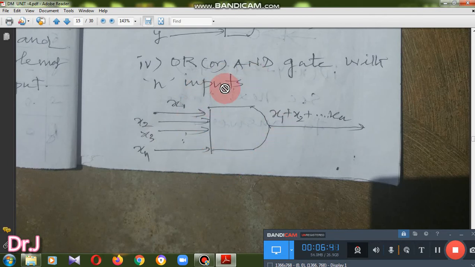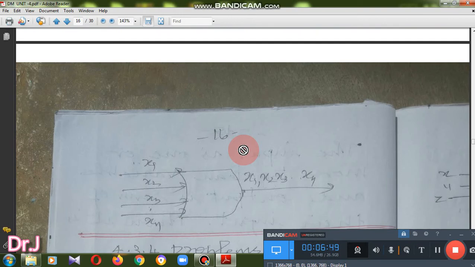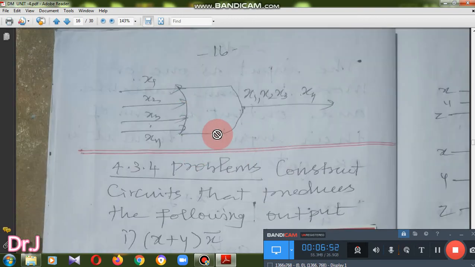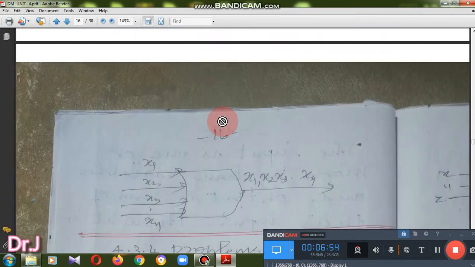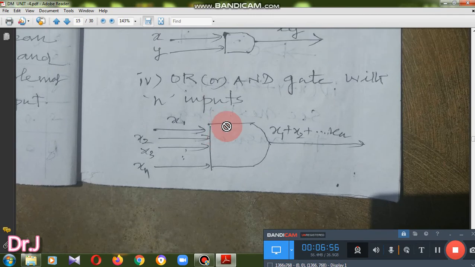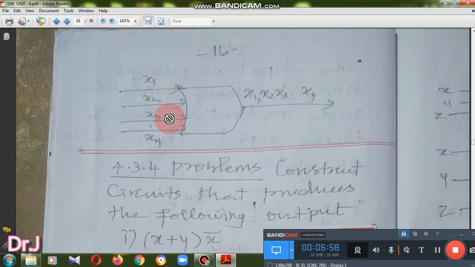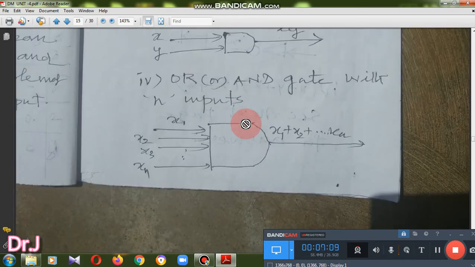Such a gate we call the OR gate with n inputs. In some cases it may be like this: the AND gate with n inputs, which consists of a single output. Sorry, this is the AND gate.